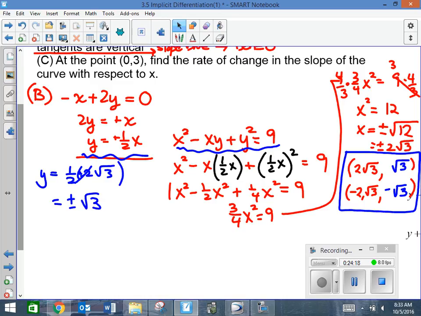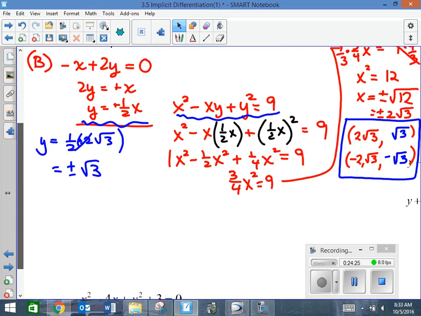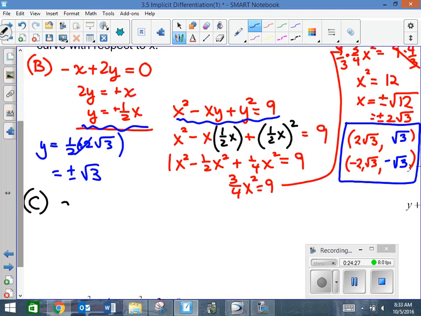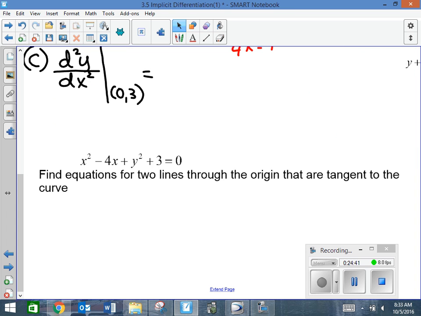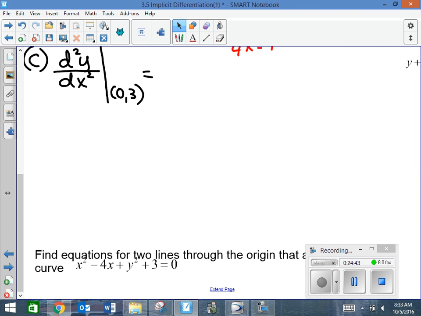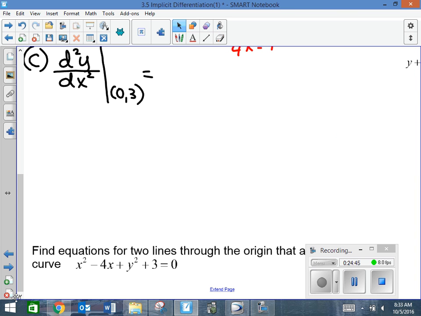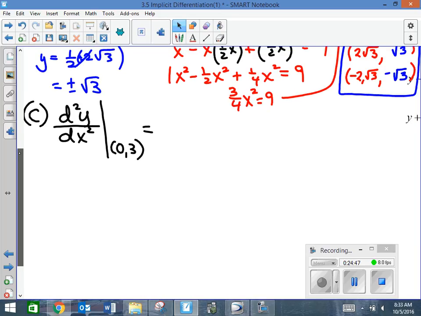The slope is the derivative, so the rate of change of the slope would be the second derivative, d squared y over dx squared at (0, 3). That's what they're asking us to find. Remember, dy/dx was what?